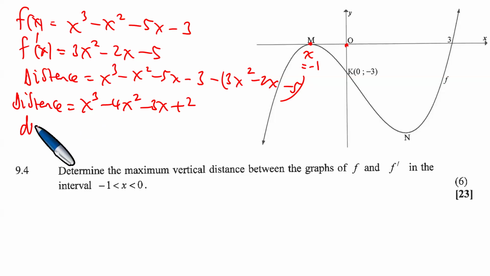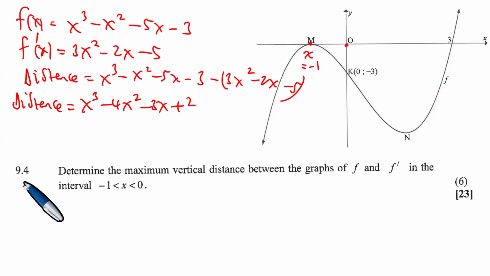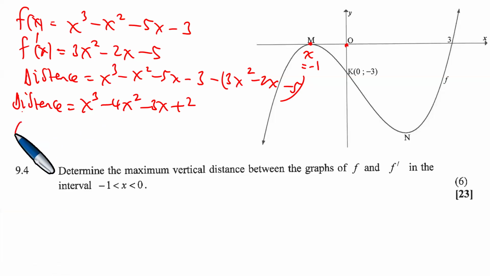And then you find the derivative of the distance.